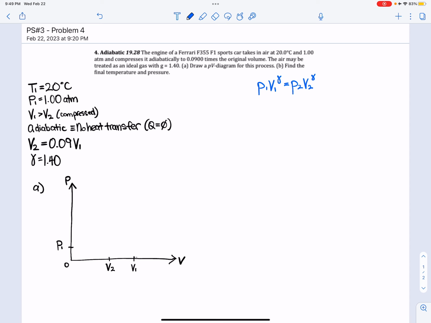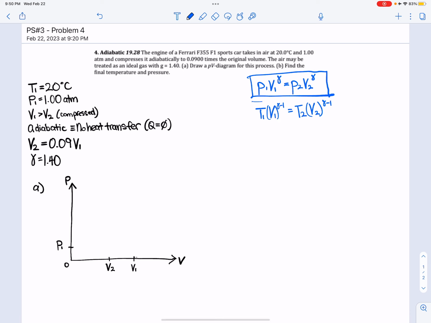The second equation is initial temperature times initial volume to the power of gamma minus 1 is equal to the final temperature times the final volume to the power of gamma minus 1.